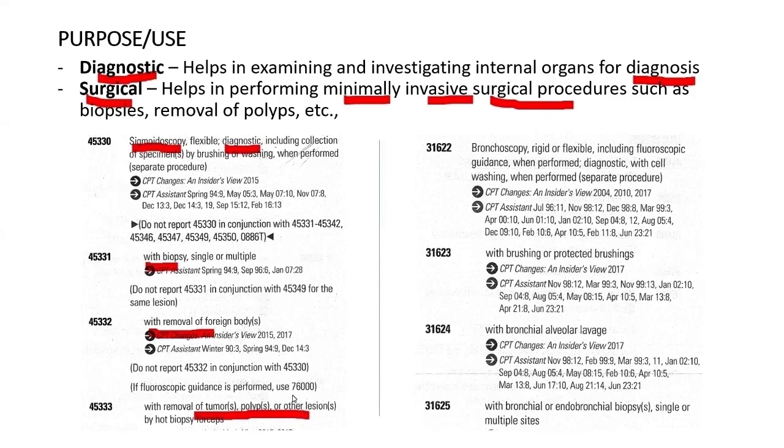Similarly, if we take another example of bronchoscopy, again, it starts with diagnostic, followed by all surgical codes. Now that we know the terminology and how the codes are structured around the endoscopies, let's get into coding endoscopies.